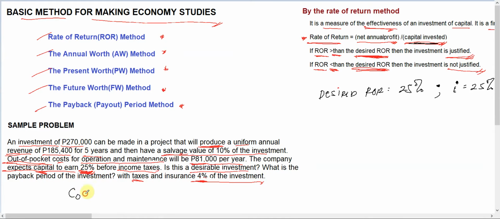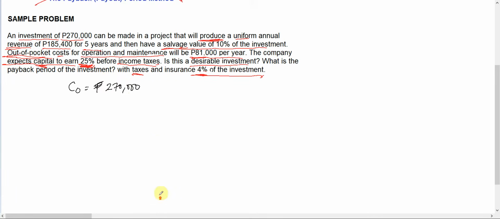So, yung capital invested, ayan na yun, yung first cost, or yung CO, di ba? Sa depreciation, that is 270,000. And then, sulat lang din natin yung salvage value, 10%. Salvage value, pwedeng SV or CL, C sub L. 10% of 270,000, that is 27,000.